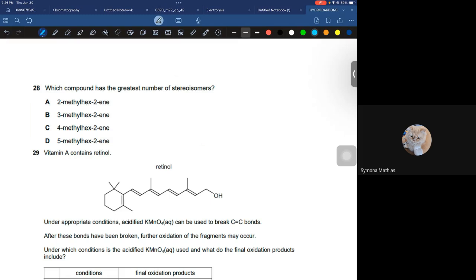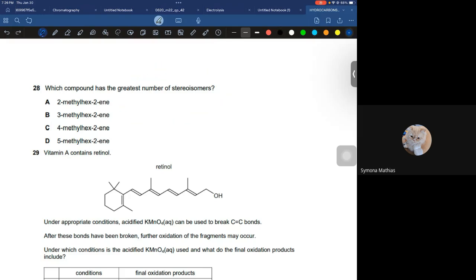Obviously you have to draw the structure, and then you have to see that a stereoisomer has two types. Number one is cis-trans, and number two is the optical isomer. So he is asking all together. You have to draw the structure of each and every option, and then you can see which structure has more stereoisomers.